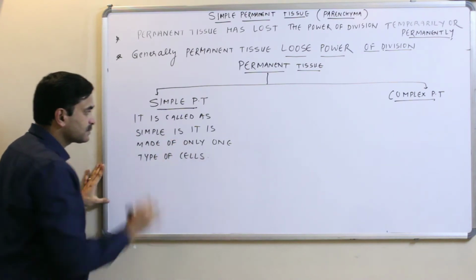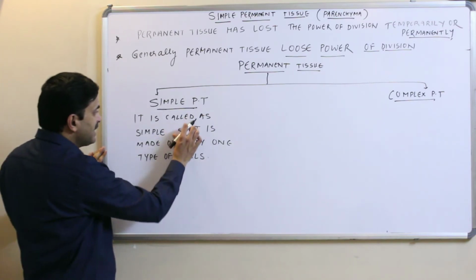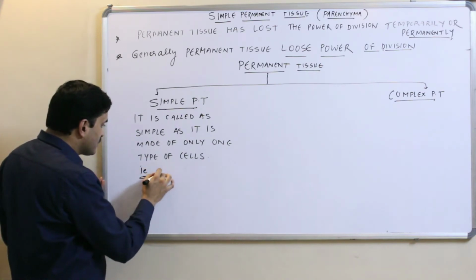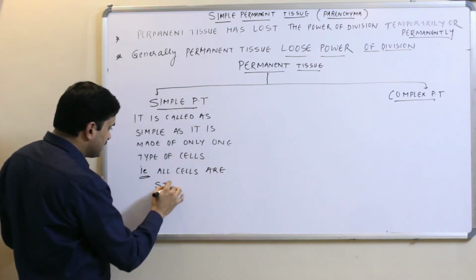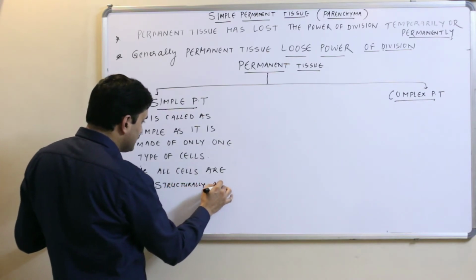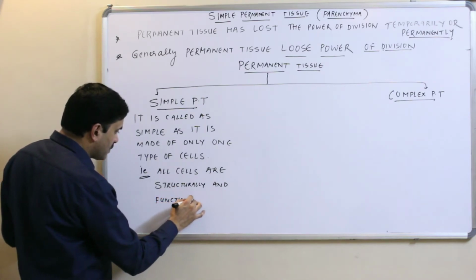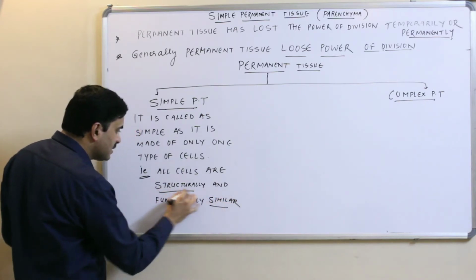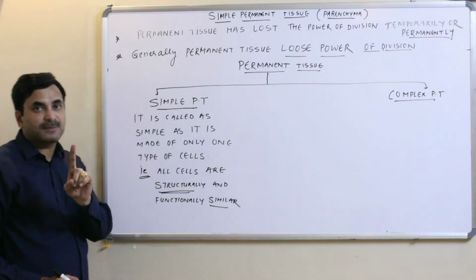That is, all cells are structurally and functionally similar. Means they are the same in structure as well as they perform a common function.